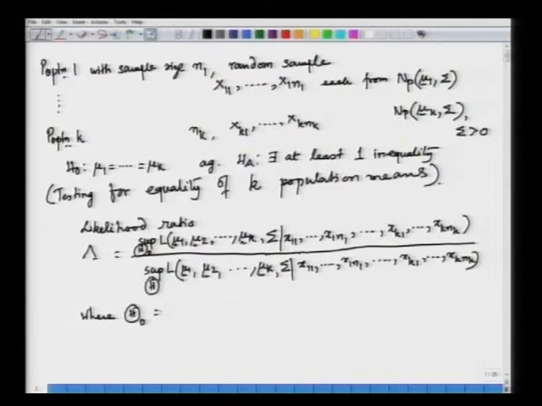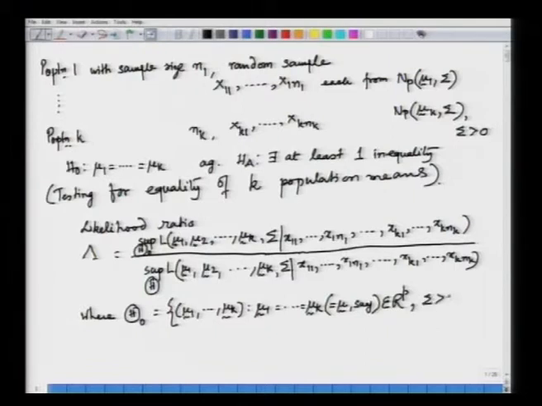Theta naught is the parameter space of mu1 to mu k such that, basically, the null hypothesis holds: all the population means are equal to some common mu, belonging to R^p, obviously, because we have the p-variate multivariate normal distribution, and the covariance matrix is positive definite.